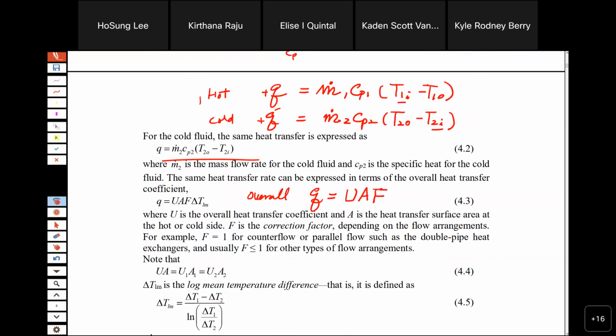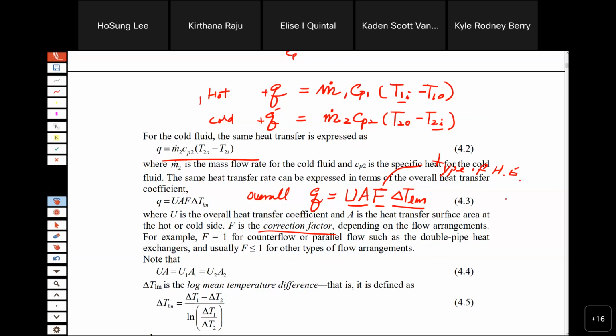F depends on the type, and then the log mean we'll talk about more later, but we have equations. So as long as we have a log mean temperature difference, a UA value and F. This F is a correction factor depending on the type of heat exchanger.